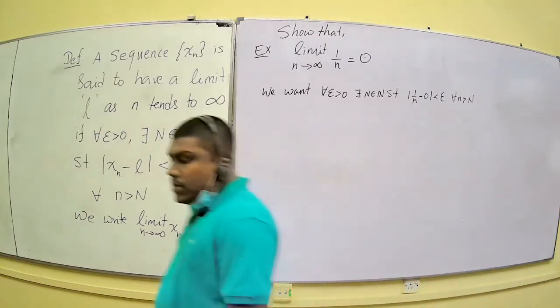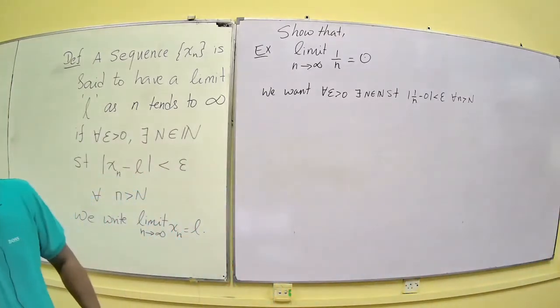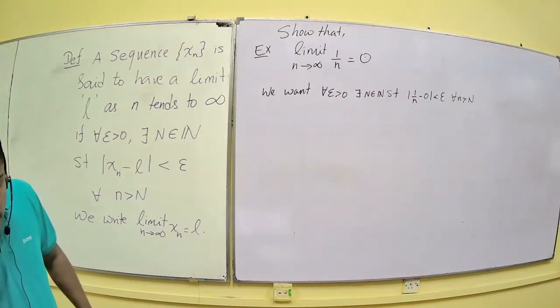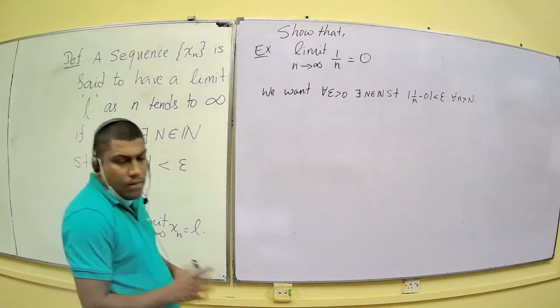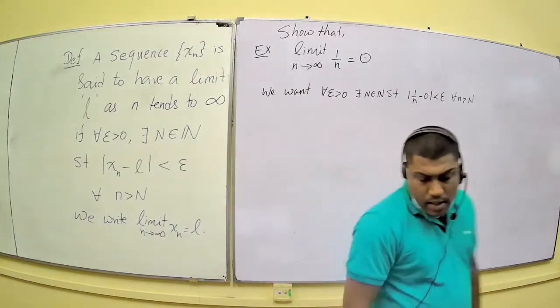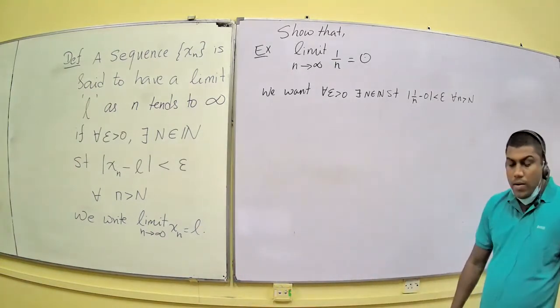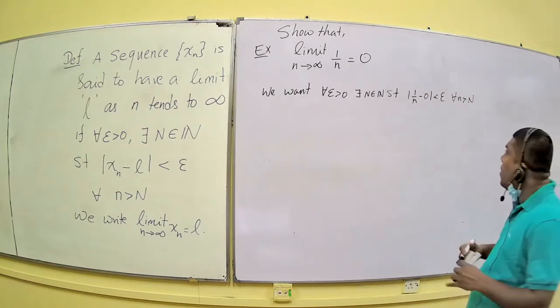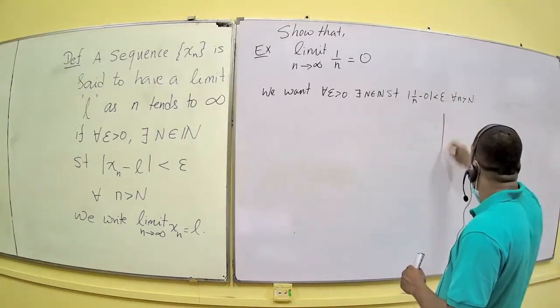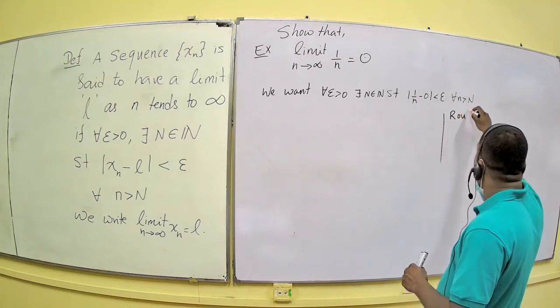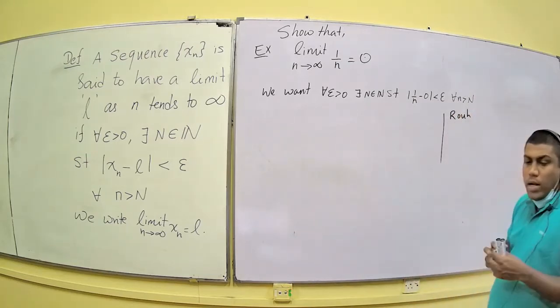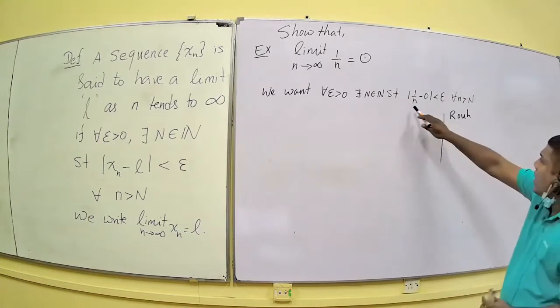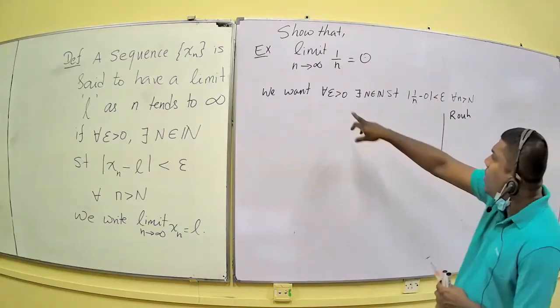You want for every epsilon positive, there exists a natural number N such that |1/n minus 0| is less than epsilon, right? So this is what you want. Okay. So rough work. Let me write the rough work here, just to tell you what we are doing. So basically you want this, right?